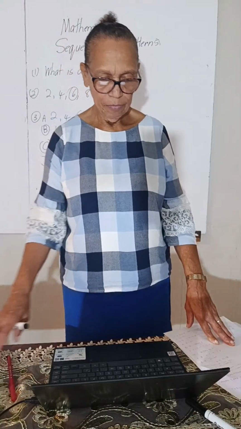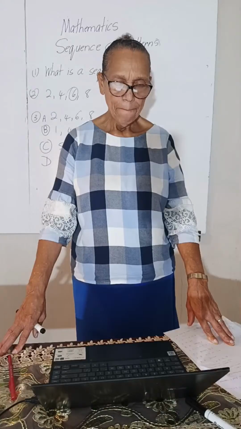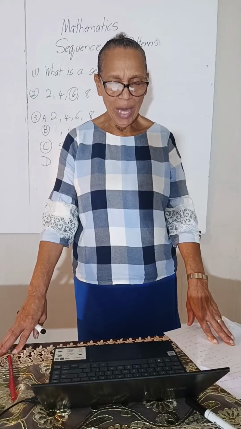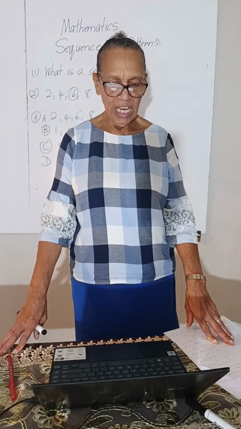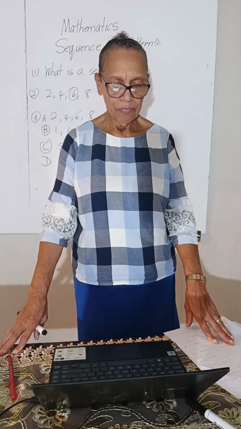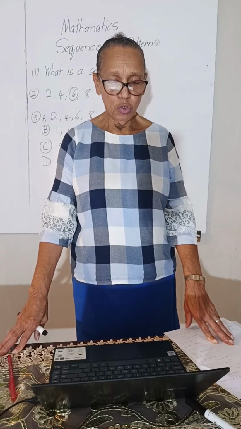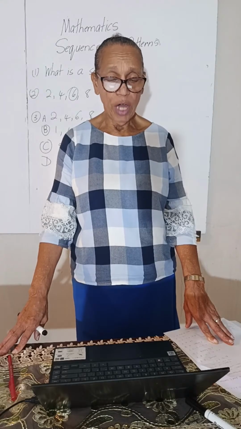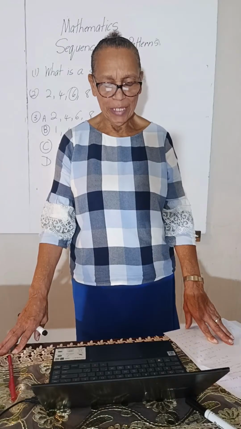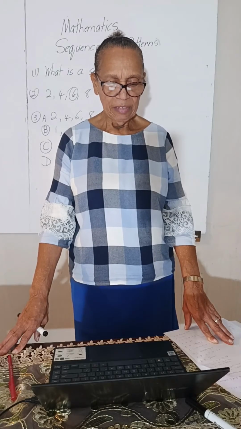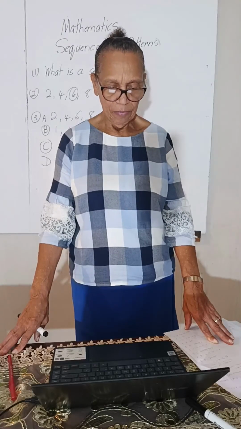Number 10. Which sequence is irregular? Listen carefully. A, 2, 4, 6, 8. Is that one irregular? B, 5, 10, 15, 20. C, 1, 4, 7, 15, 18.